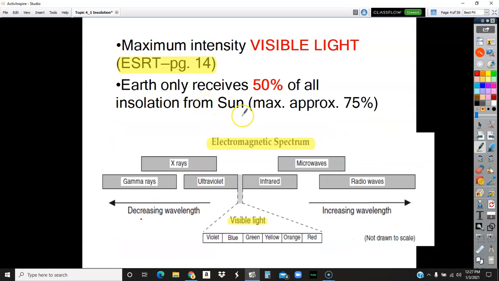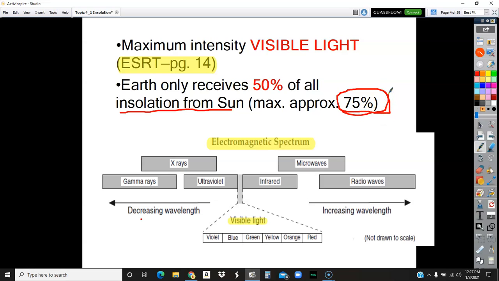Our Earth is going to vary, depending on the day, if it's a bright sunny day versus a cloudy day. Depending on the day will depend on how much insolation we receive. On a bright, sunny, blue sky day, not a cloud in the sky, the ground down here on the surface receives about 75% of that sunlight.